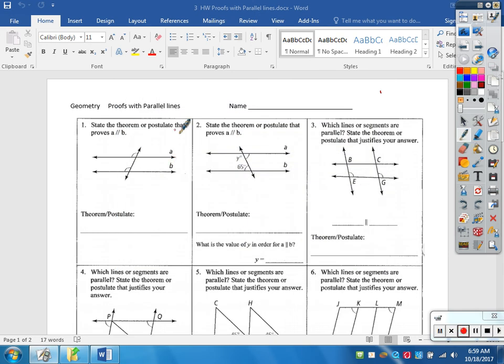It says state the theorem or postulate that proves that line A is parallel to line B. Well, what you're going to do is look to see what kind of angle pair this is. This angle is marked and this angle is marked. Those two angles are corresponding angles. So my reason would be that when corresponding angles are congruent, the lines are parallel.